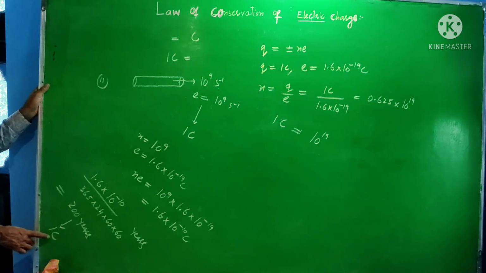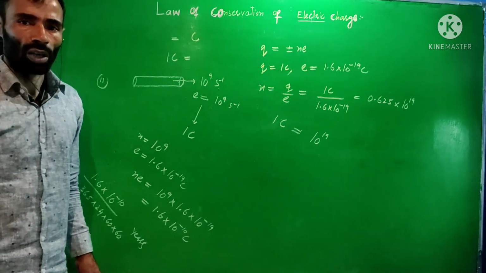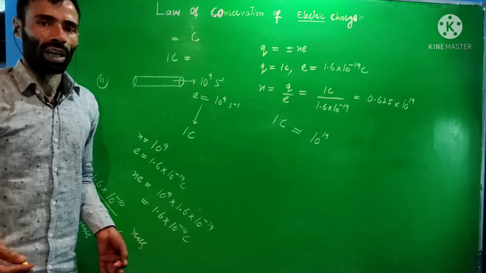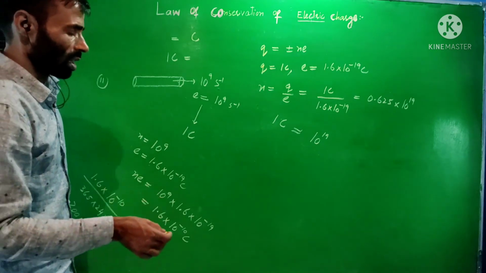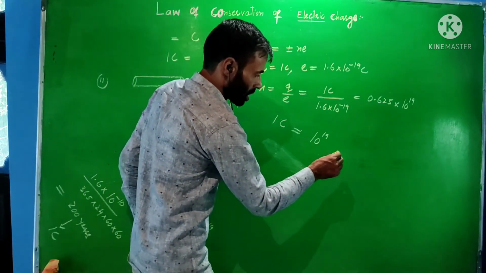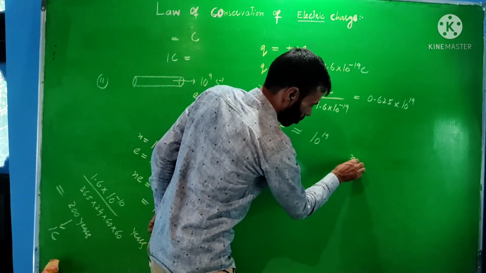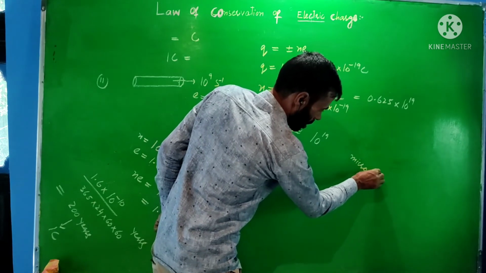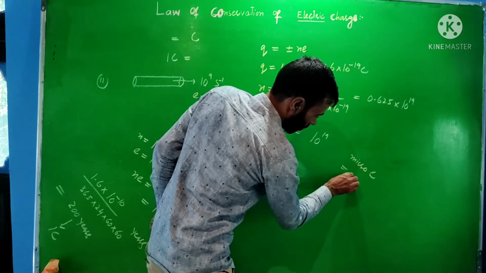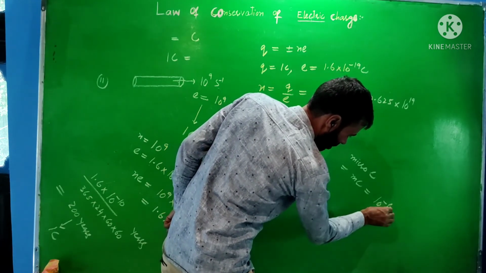Now it seems that for many practical purposes, the coulomb of charge is a bigger unit, so we can use smaller units. For example, microcoulomb, which is equal to 10 raised to power minus 6 coulomb.